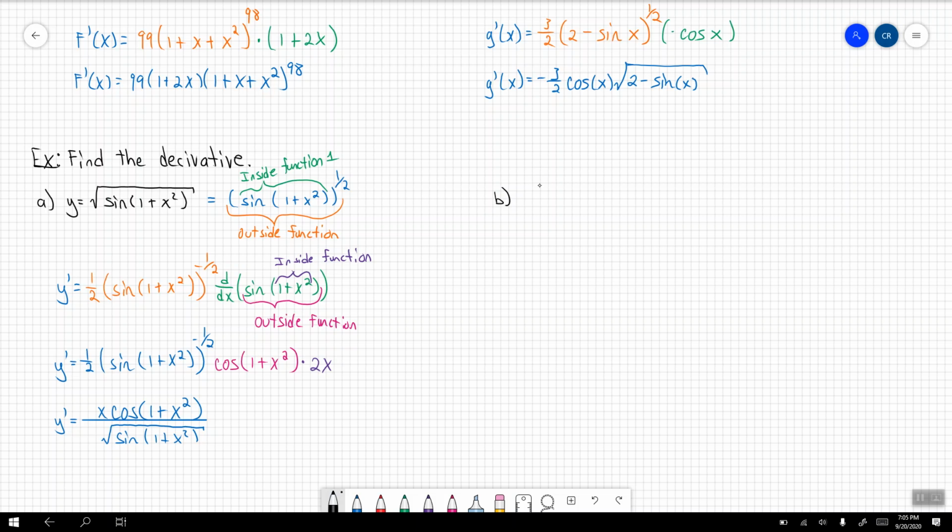So I want to look at part B as f of t, which is going to be equal to t multiplied by sine of pi times t. Okay, so when I'm looking at this, one of the first things that I notice is that I do have multiplication, which means we will be using a chain rule, or sorry, a product rule.